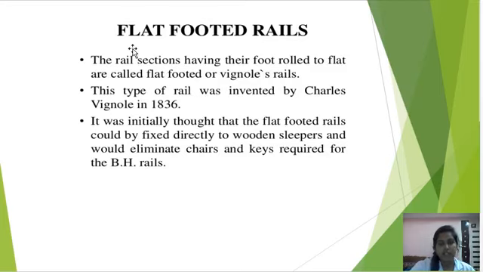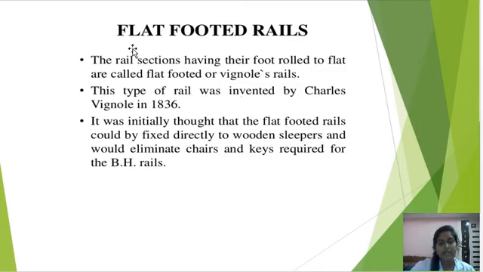The other name of flat-footed rails is Vignoles rails, because flat-footed rails were invented by Charles Vignoles in 1836. It was initially thought these flat-footed rails, fixed directly to wooden sleepers, would eliminate the chairs and keys required for bull-headed rails.